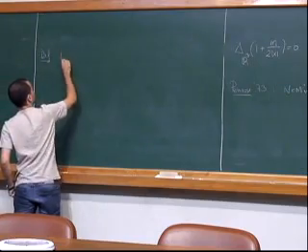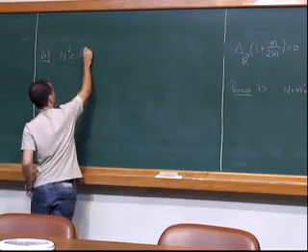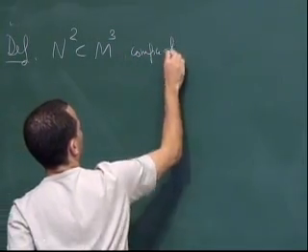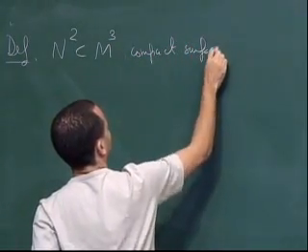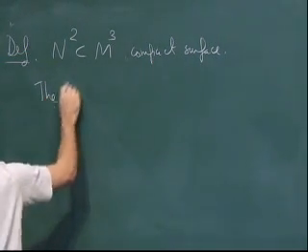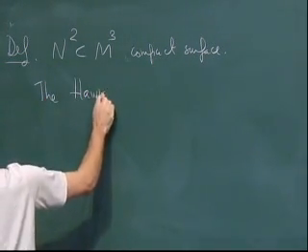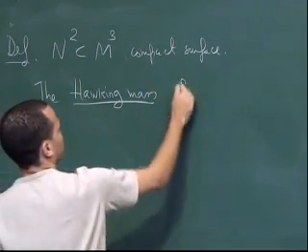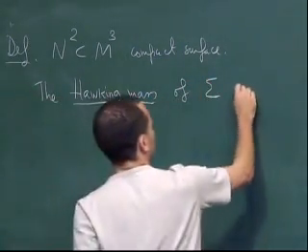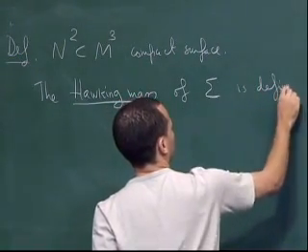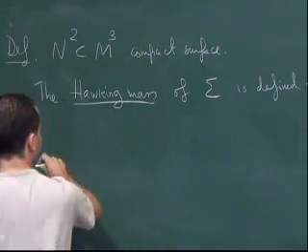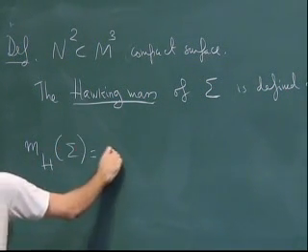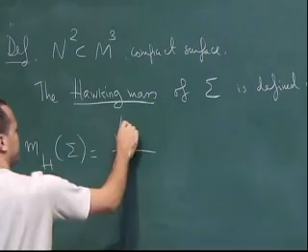Suppose that N2 contained in M3 is a compact surface. Then you say that the Hawking mass of sigma is the following number. This is the square root of the area.